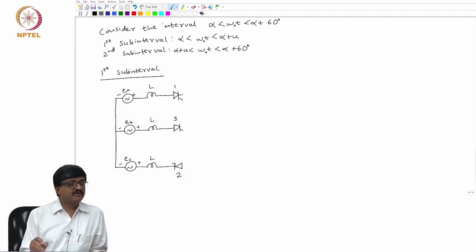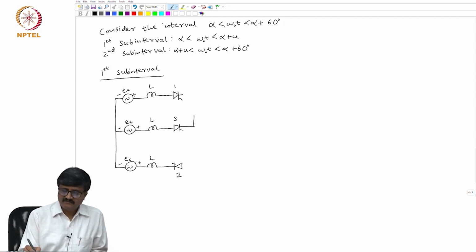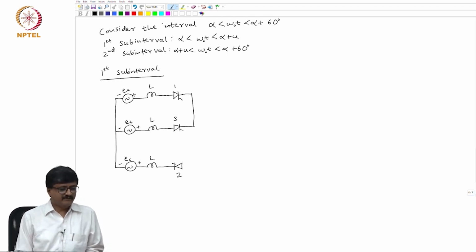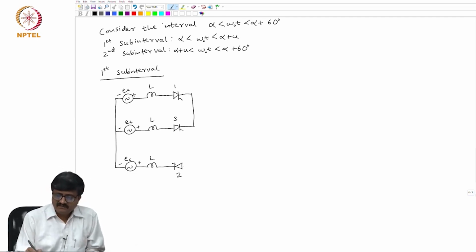Now, from the circuit we know that the cathodes of 1 and 3 are at the same potential, they are shorted. So, I will short this. And the cathode of 1 and 3 is nothing but the positive terminal of the DC side voltage, and the anode of 2 is the negative side of the DC side voltage.